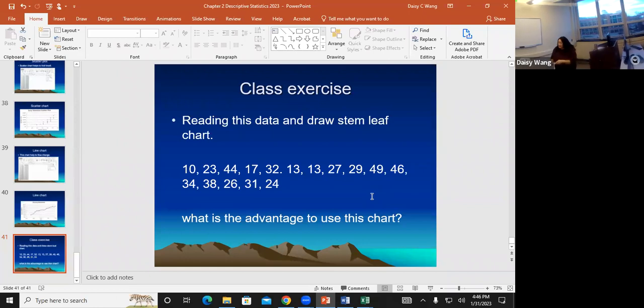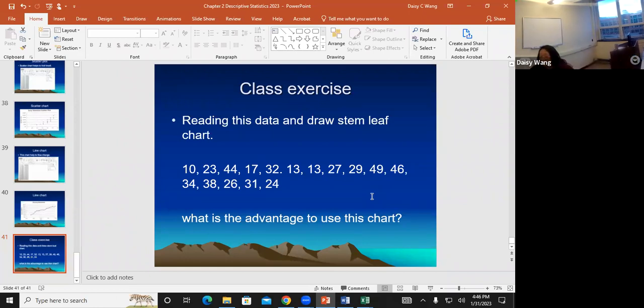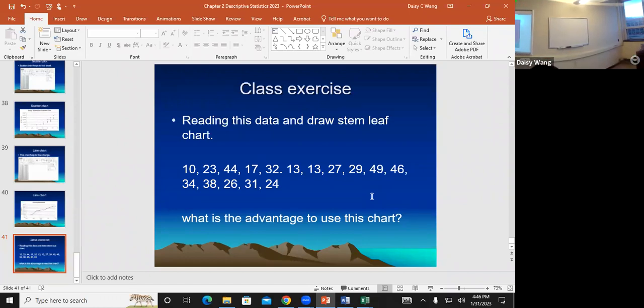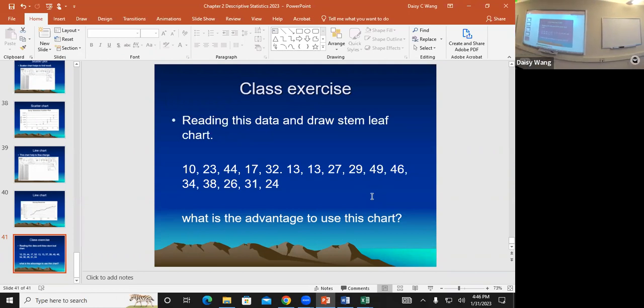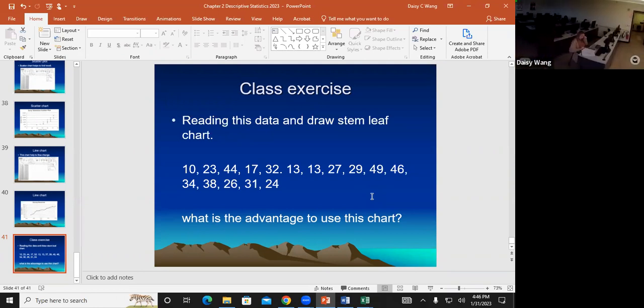If you were not here last time, you can go online and print out the quiz and then submit it. And if you are here, you can turn in the quiz here. You don't have to take photos. Some people took a photo that is rotated this way, and I cannot move it.